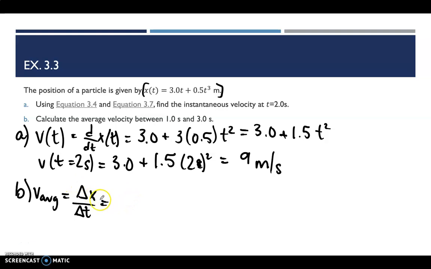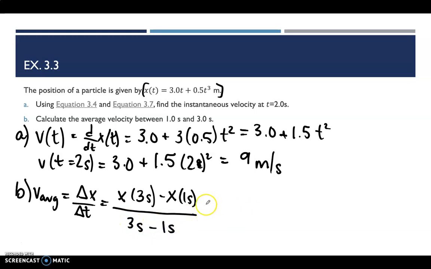So we want the position at our final time, 3 seconds, minus the position at our initial time, 1 second, over our change in time, which is 3 seconds minus 1 second.